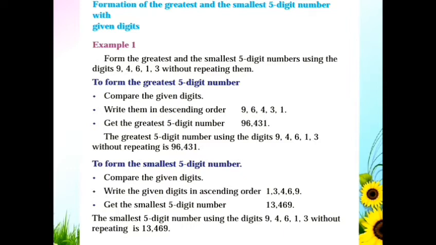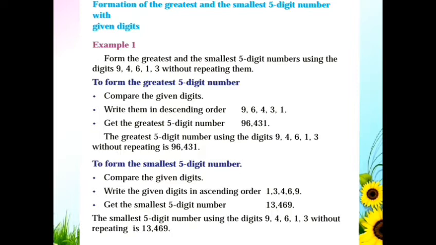Then we get the greatest 5-digit number 96,431. The greatest 5-digit number using the digits 9, 4, 6, 1, 3 without repeating is 96,431.